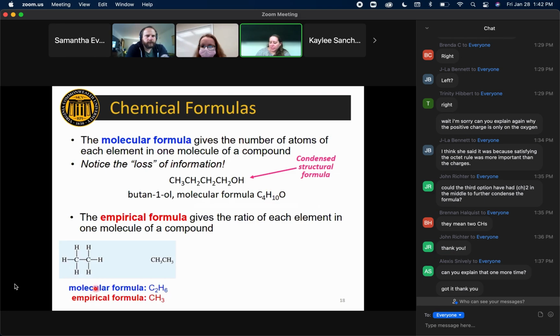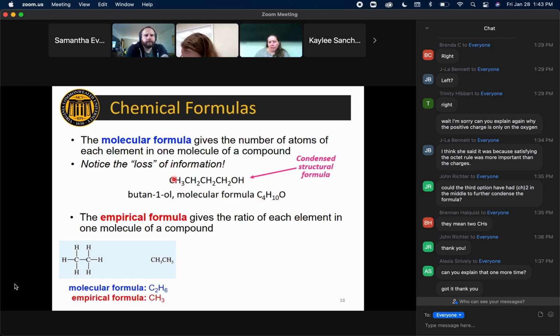Okay, we're almost there. Whew. Chemical formulas and molecular formulas. So we've been talking about condensed structural formulas, which look like this for butane 1-ol. Don't worry about that name for right now. But there's another way of describing this, and that is through the molecular formula, which just tells us literally how many of each element.